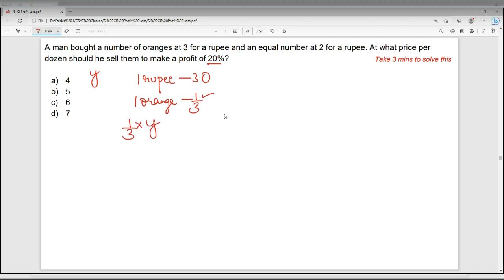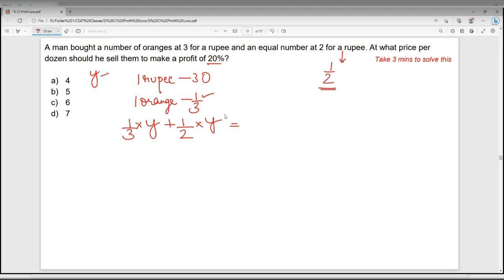Now he has bought an equal number at 2 for a rupee. So in 1 rupee he is getting 2 oranges, so 1 orange costs 1/2. He has bought the same number, y oranges, so the cost of y oranges is half into y. So this is the cost that he has bought.